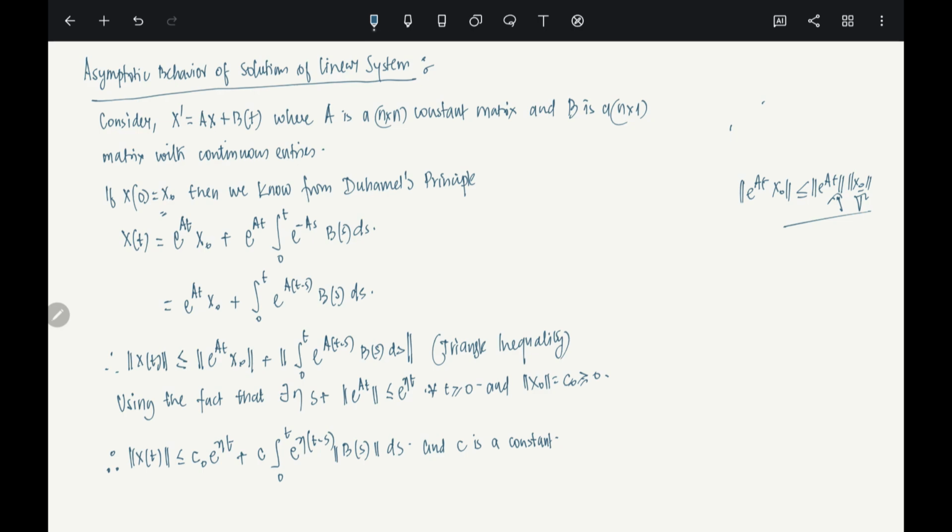Now what do we have? This is fine. Let's call this 2. So we are going to deduce a theorem using 2. What is that theorem?